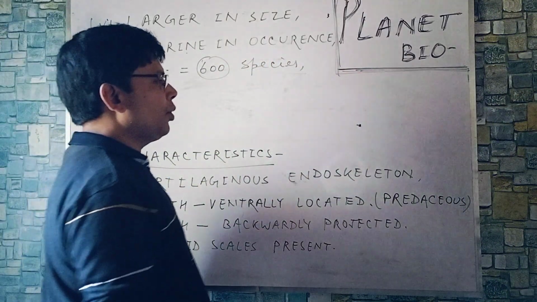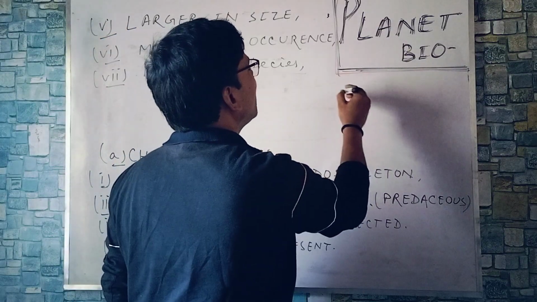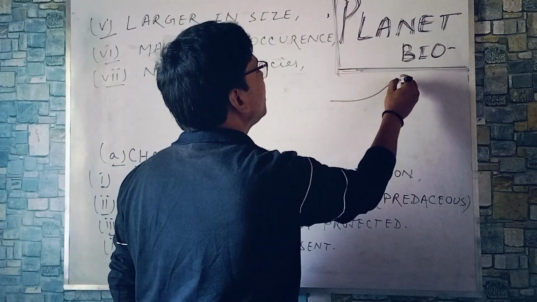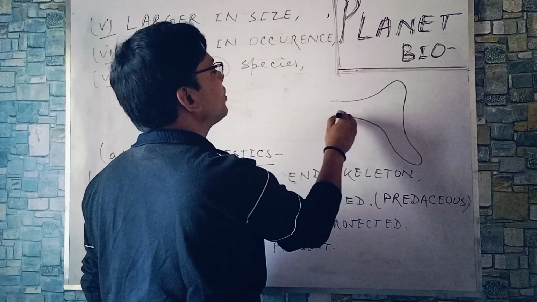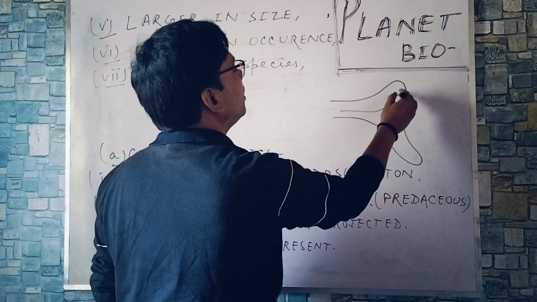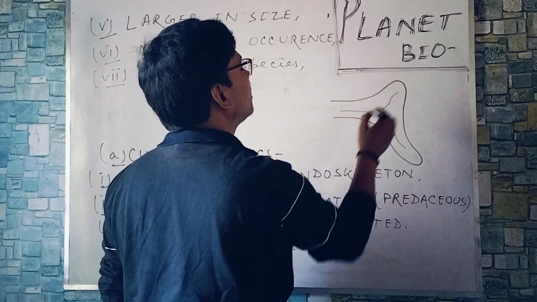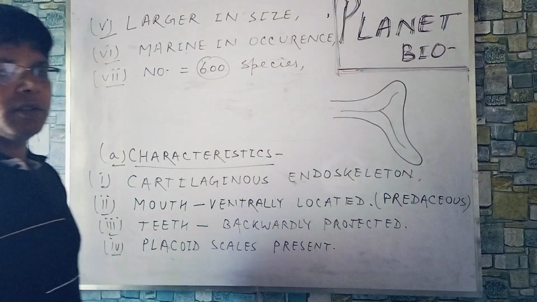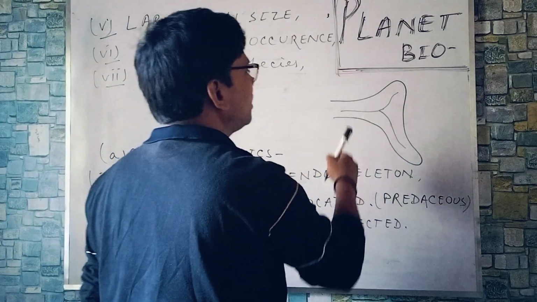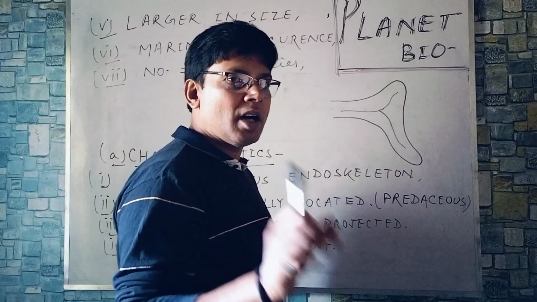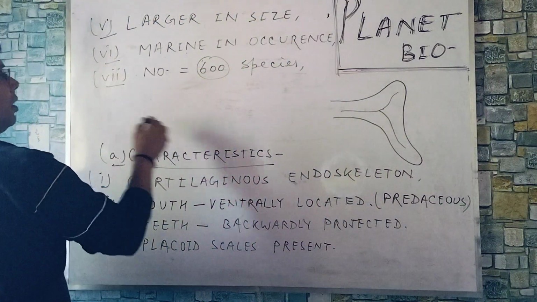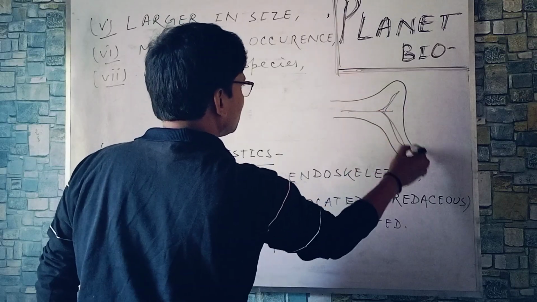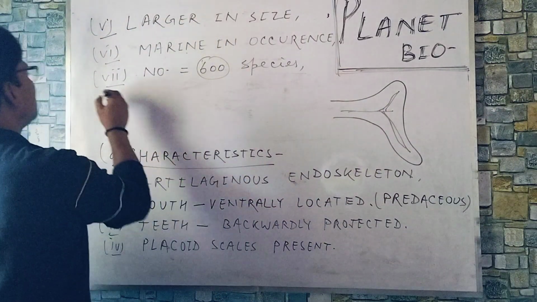And the main point is that they have this kind of structure. The tail is divided into two unequal halves, and that is called heterocercal tail. Heterocercal tail, like this, not equal.